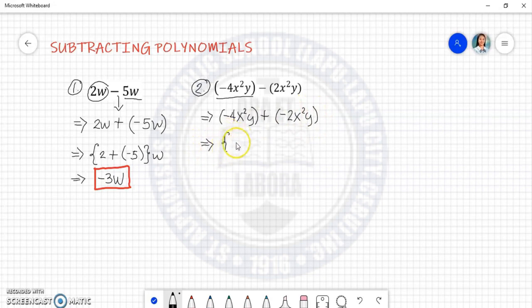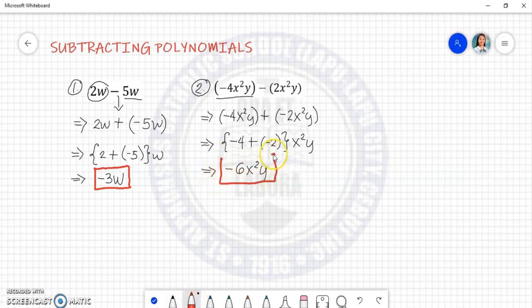Separate the numerical coefficients negative 4 and negative 2 and copy the same variables x squared y. Then simplify. Negative 4 plus negative 2 is, yes, negative 6, copy x squared y. Then, again, box to highlight your answer.